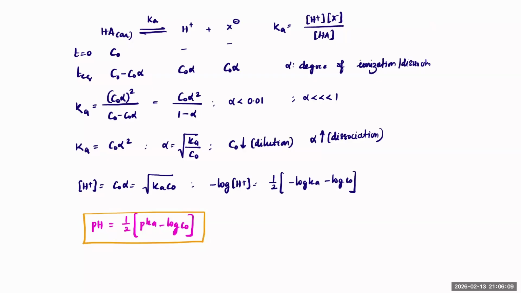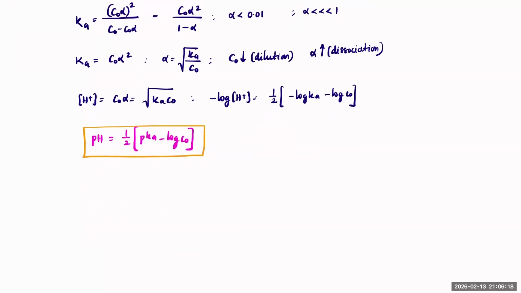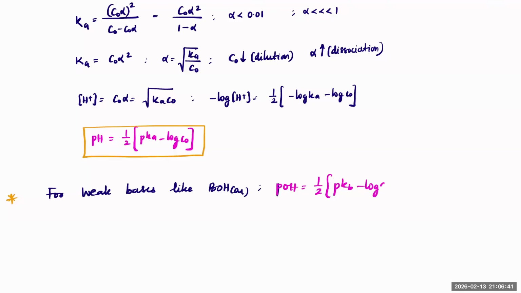Now, since I have done it for weak acids, the same logic can be applied even for weak bases. So if you take weak bases like BOH aqueous, then in such a case the formula would be pOH equal to half of pKb minus log C naught.